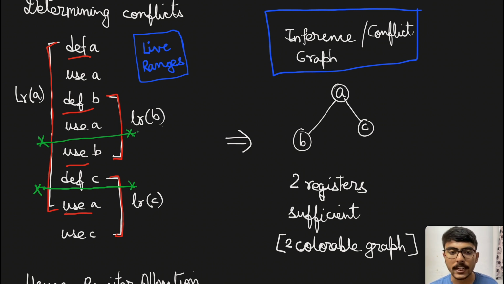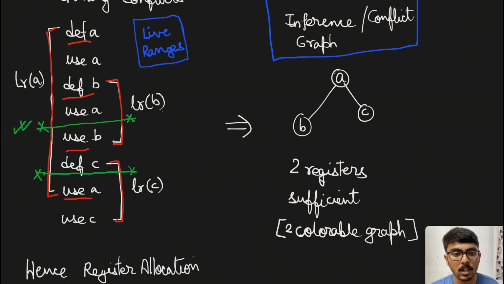Now we need to check whether it is possible for two registers to be assigned to all the variables in conflict or not. We see that this particular line crosses only two red lines. It means two variables are overlapping and we have two registers, right? So it is good to go here. Similarly, the green line passes only two red lines, so it is good to go here as well.